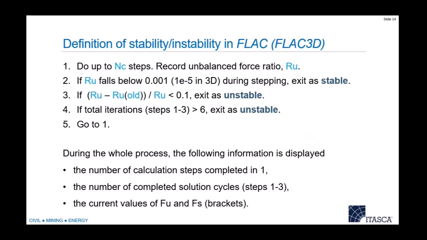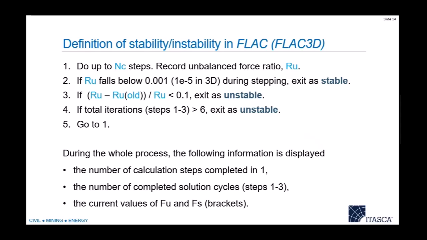And then it says, okay, this guy's stable. I'm going to really try and fail it, and I'm going to put a factor of safety of like 2. What it does is it reduces the cohesion by a factor of 2, reduces the tangent of the friction by a factor of 2, and runs it again. Now let's say it fails. Probably it's going to fail. Factor of safety 2, right? So this one's good, this one's bad.